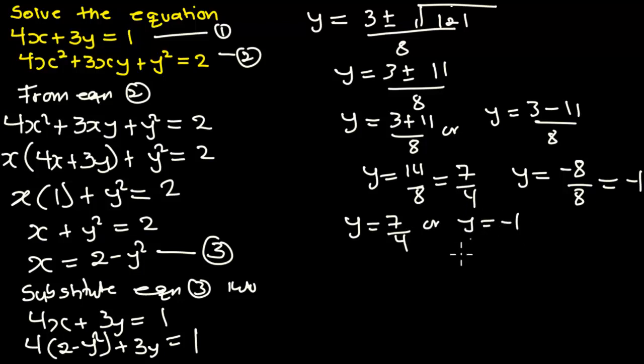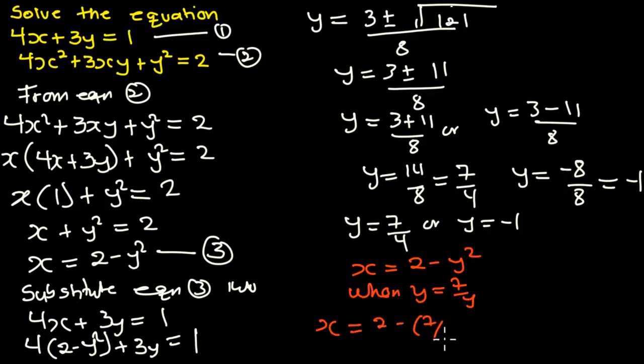So how do we get the values of x? From equation 3, we made x the subject, so x is equal to 2 minus y squared. We are going to find the values of x using the values of y. When y is equal to 7 over 4, x will be equal to 2 minus 7 over 4 squared.